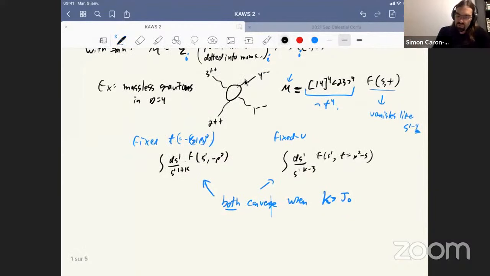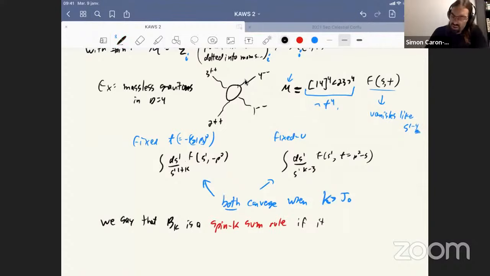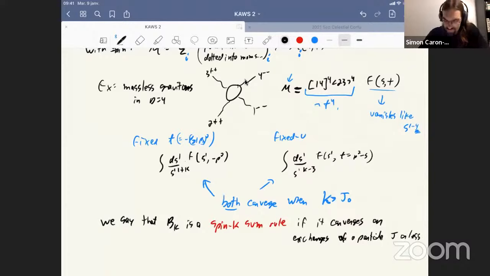We say that a sum rule has spin k, we say that it is a spin k sum rule, if the idea of this notation is that it converges on exchanges of a particle with spin j less than k.